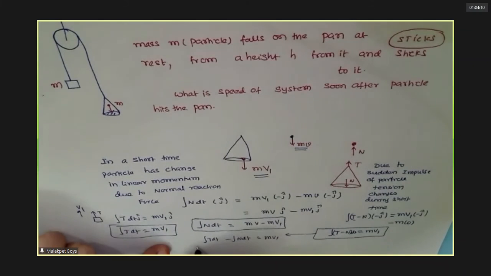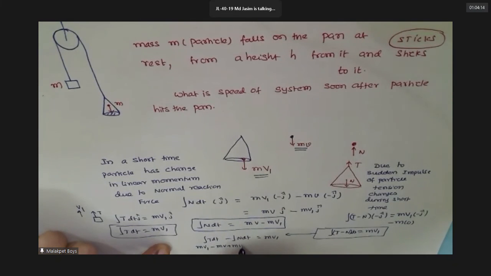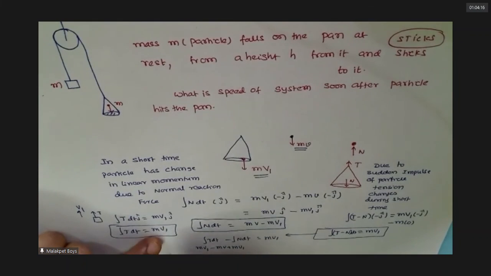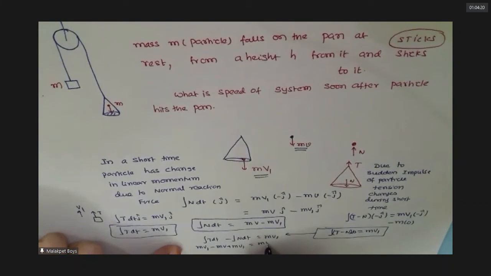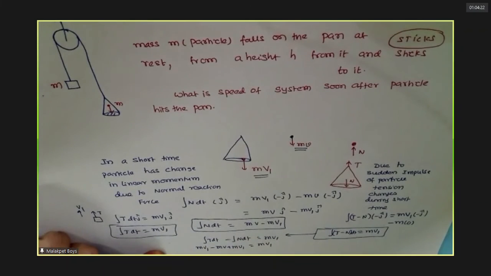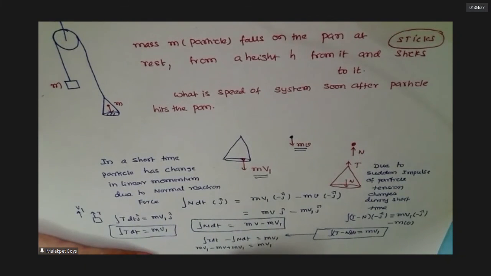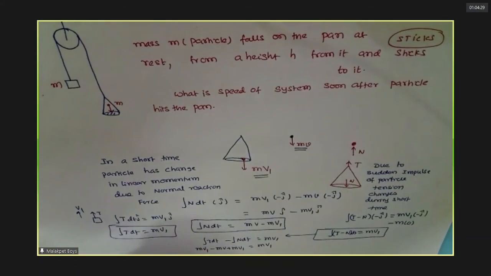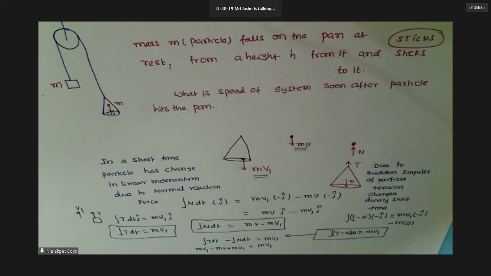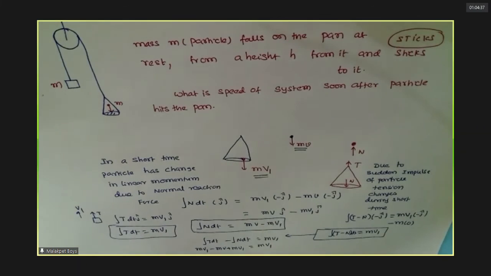Integral of T dt is what you have: Mv1 minus Mv plus Mv1 is equal to Mv1. Agreed? So what is that you have here? V1 is equal to V.